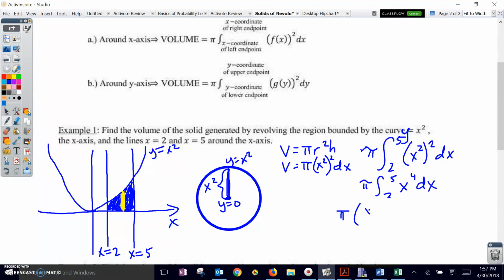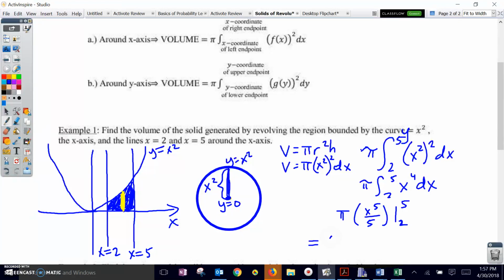This is going to be x to the 5th over 5, which we're going to evaluate from 2 to 5. And so we end up with, wow, 5 to the 5th over 5. That's going to be 5 times 5 is 25, times 5 is 125, times 5 is 625.